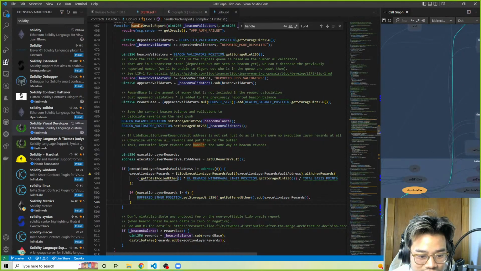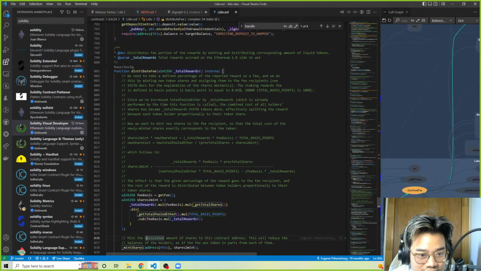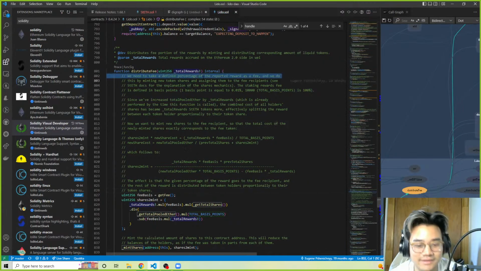Then if we go to distribute fee, I can see they're explaining what exactly is happening in the pool, and this is important. It's essentially saying there's some amount of fees, basically shares, that are going to the node operators.